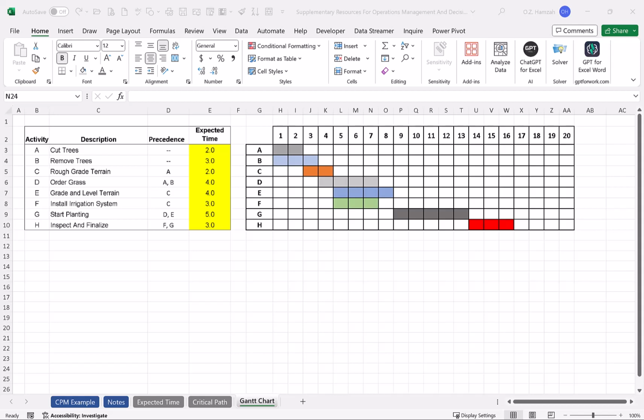So instead of spending money on activity B and ordering grass, maybe we ought to spend that kind of money on step G, start the planning and finish it in less than 5 weeks, or 5 periods. For every period we shave off step G and also step H, as you see, the project will be completed earlier and obviously or possibly for less money.